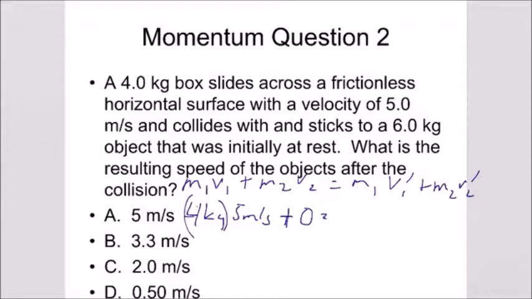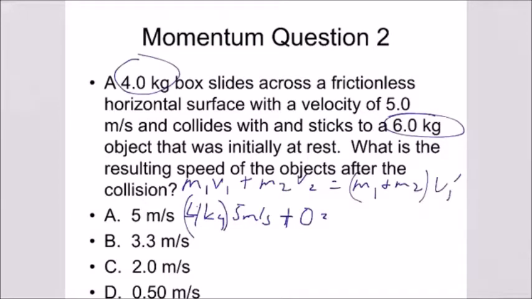Now here's something that we need to look at. This is an inelastic collision, which means that our two objects stick together. So instead of writing them out separately, let's add this mass to this mass, because they're going to be together after the collision. That's equal to m1 plus m2 times some velocity, we'll call it v1 prime.